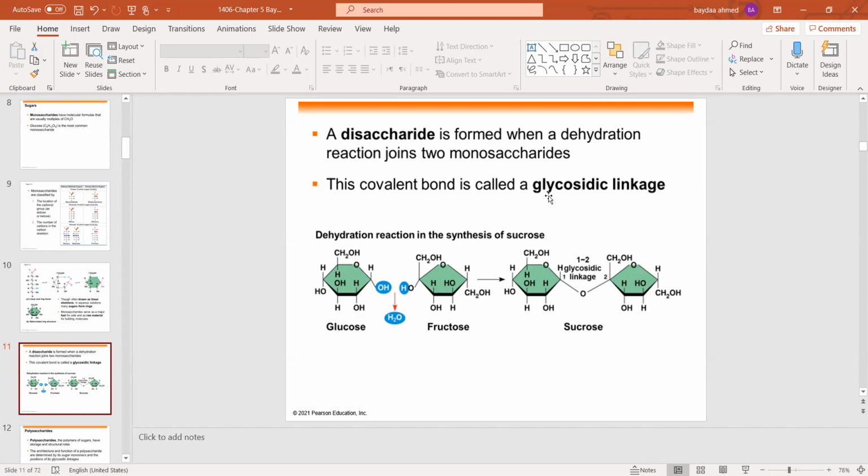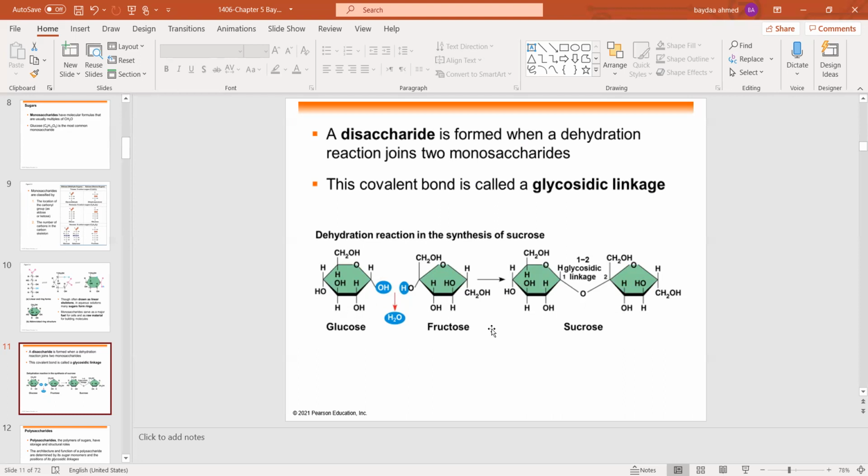Glyco refers to sugar or carbohydrates. And we have an example: maltose is a disaccharide formed by linkage of two molecules of glucose. In this example, we have sucrose. This is table sugar. Its two monomers are glucose and fructose.